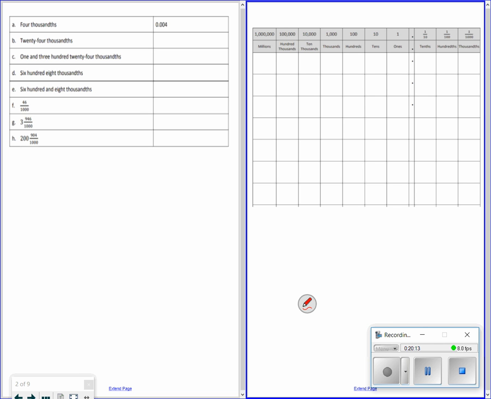A says 4 thousandths. It has the THS. It does not say 4,000. It has THS. You have to be very careful.